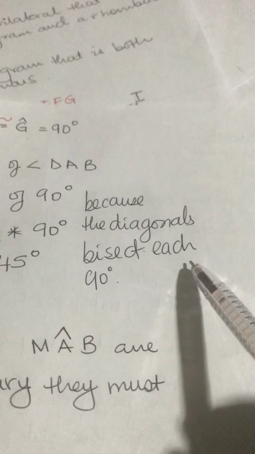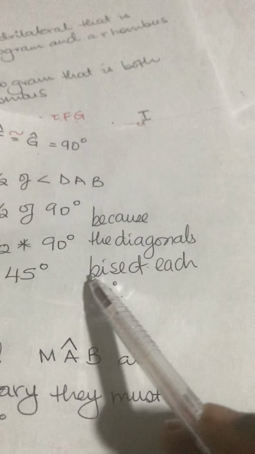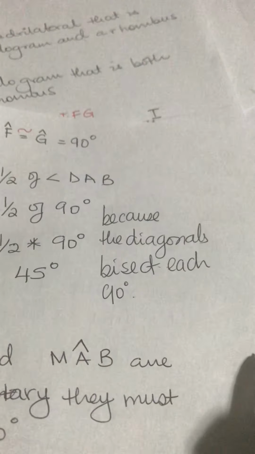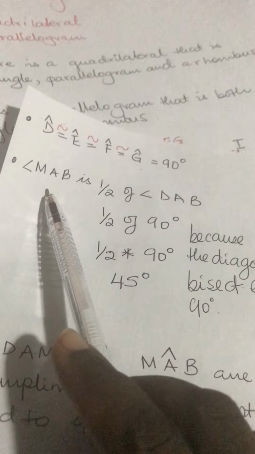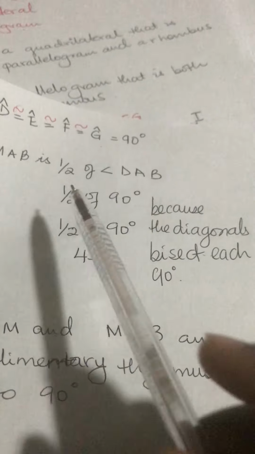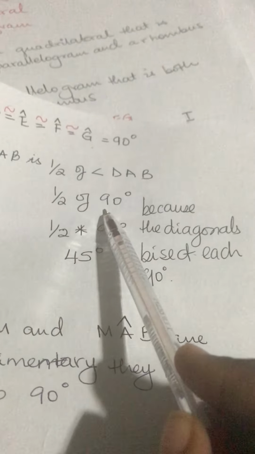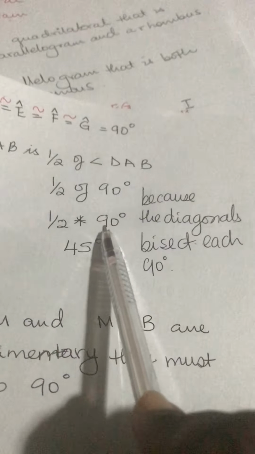Because the diagonals bisect each 90 degrees. Bisect means cut into 2 or multiply by 1/2. So that's what I wrote. Angle MAB is half of angle DAB. Half of DAB is 90 degrees. Half of means to multiply. I multiply this, I got 45 degrees.